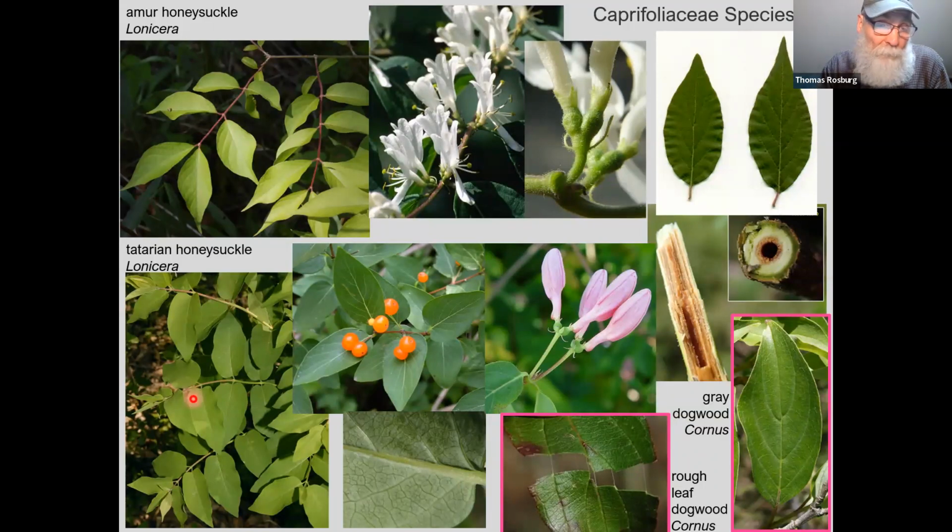And there's a real straightforward difference in their leaves here. They're going to have simple opposite leaves, as we see here in this example down here. But Amur honeysuckle always has these acuminate tips.